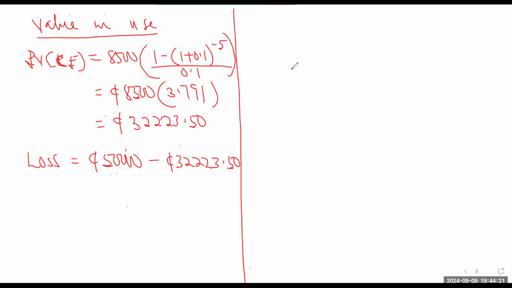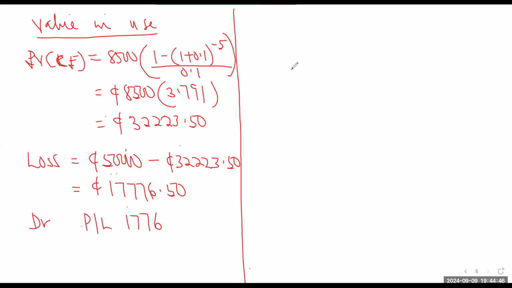What are we having? 17,776.50. Okay. So the impairment loss is now this one. So you debit your profit or loss with this one.